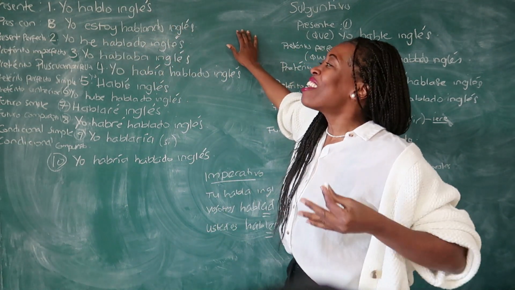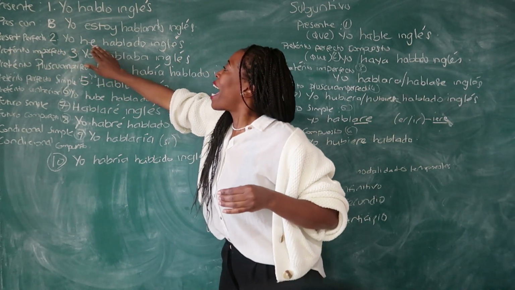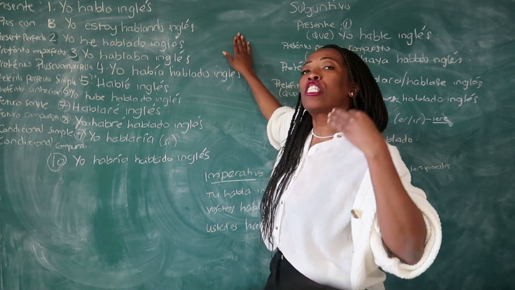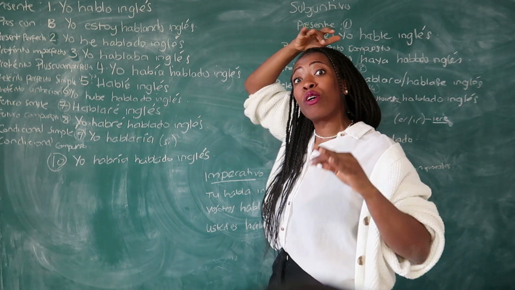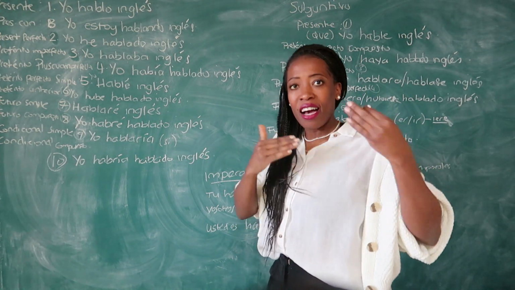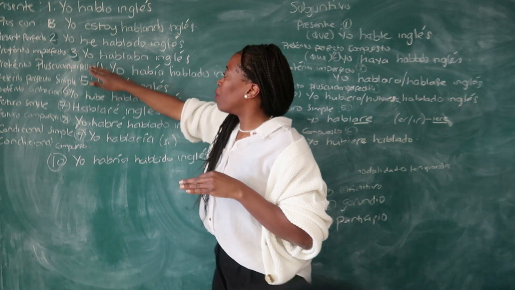Then we would have el presente perfecto. Yo he hablado inglés. I have spoken English, present perfect. Remember, the present perfect requires the verb to have. He hablado.